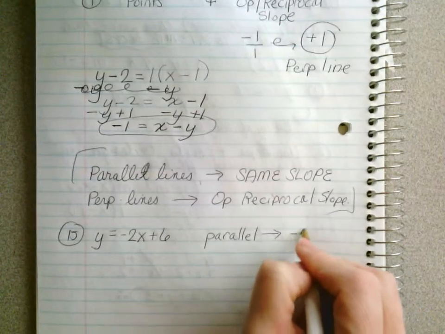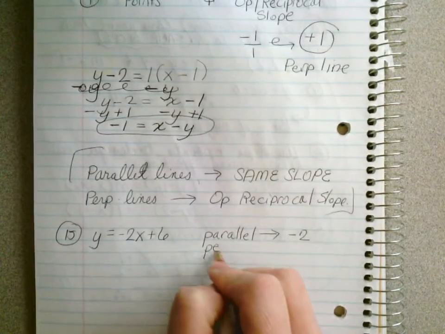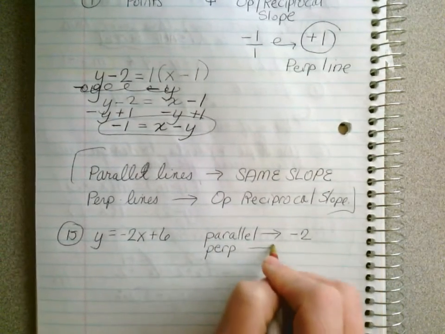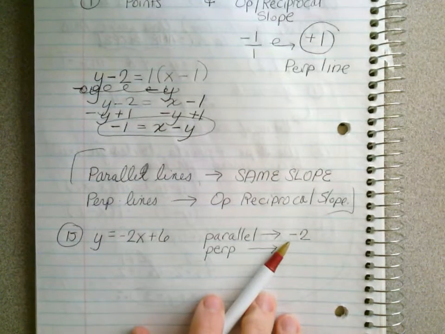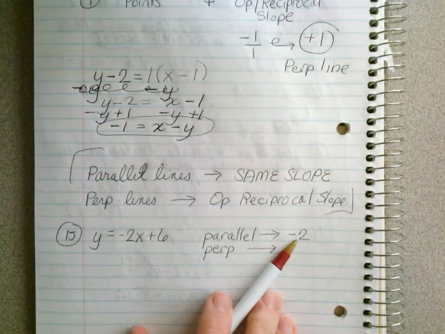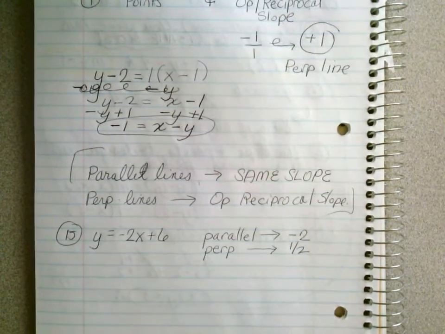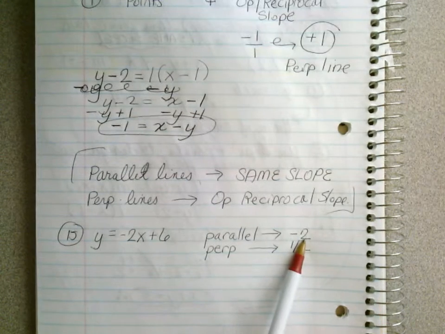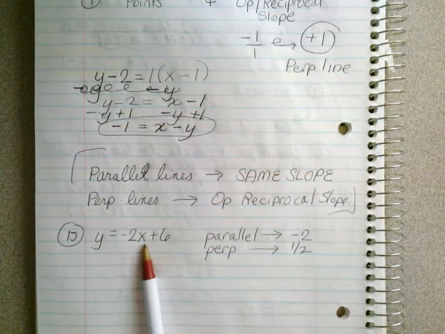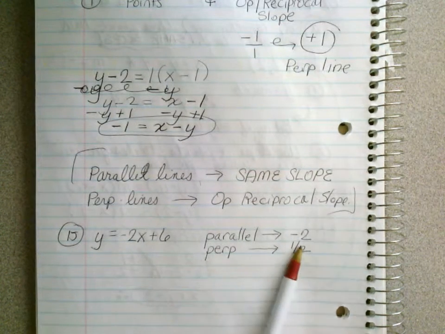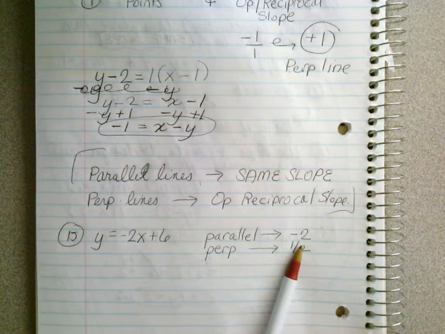Yep. Perpendicular, opposite reciprocal, right? What is the opposite of -2? +2. What's +2's reciprocal? This is the slope of any line parallel to this line. This is the slope of any line perpendicular to that line.